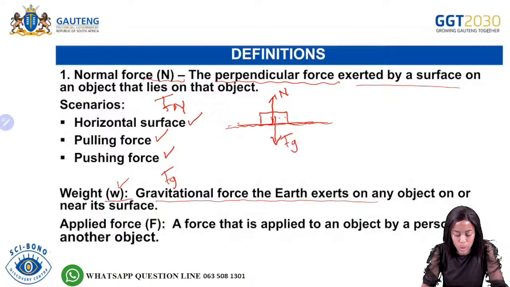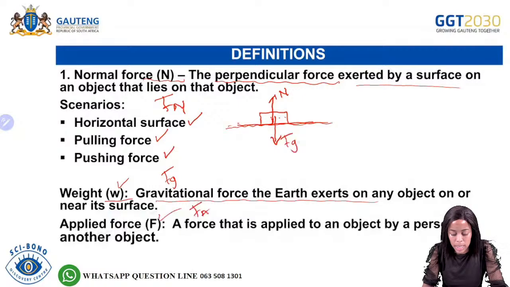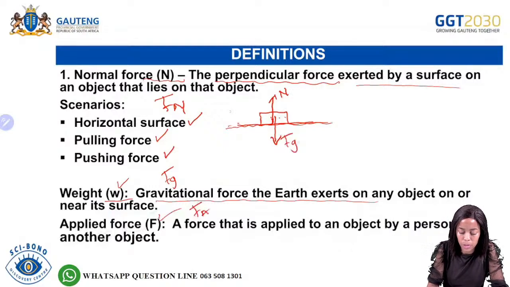Then we have the applied force. Applied force, it's capital letter F, or you can also represent it using capital letter F and capital letter A. It says a force that is applied to an object by a person or another object. So with the applied force, again, you will need to represent it on your object.